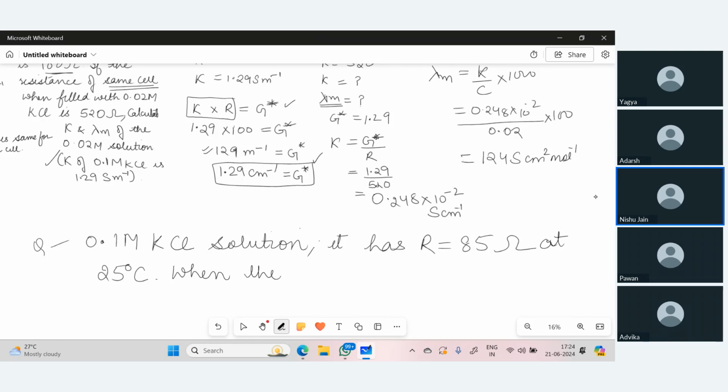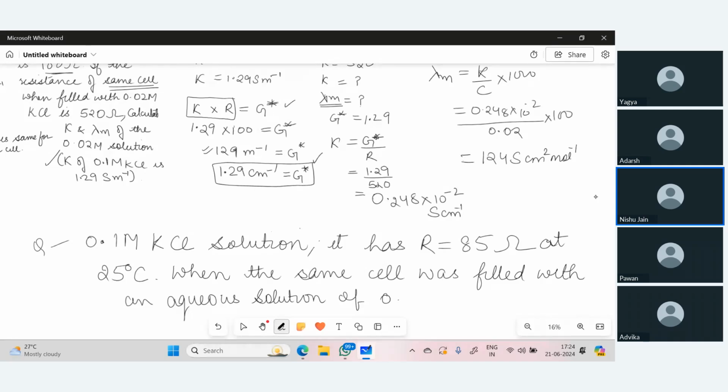The same cell was filled with an aqueous solution of 0.052 molar KCl.